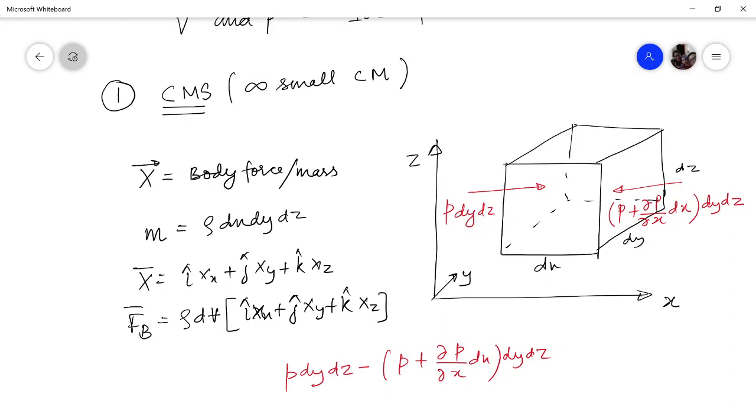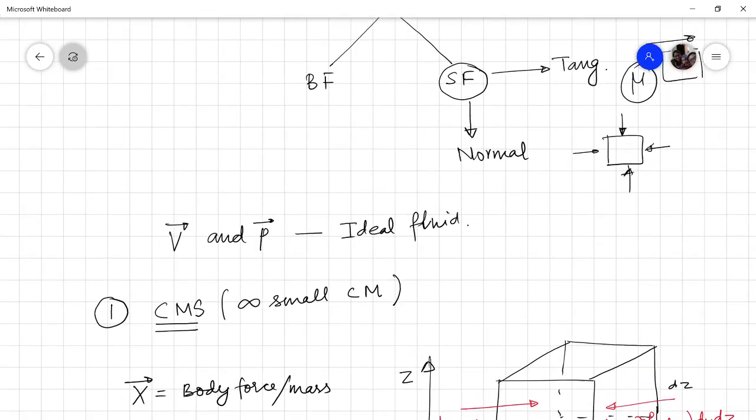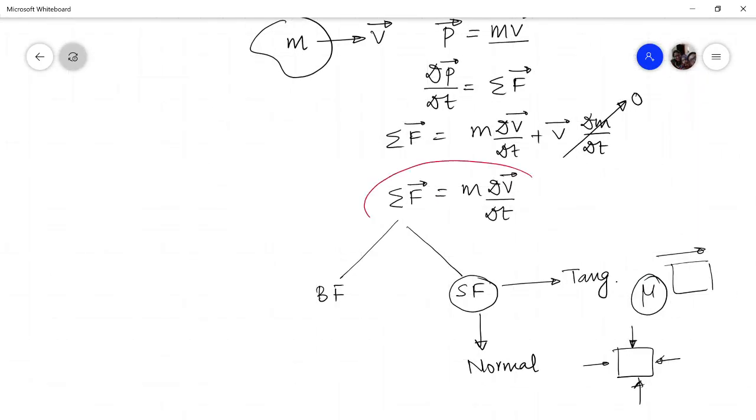In the x direction, plus the body force in the x direction, that is rho Xx, this component, rho Xx dV. So this is the net force acting on the element, and that has to be equal to what? Mass times acceleration, which we have developed here.